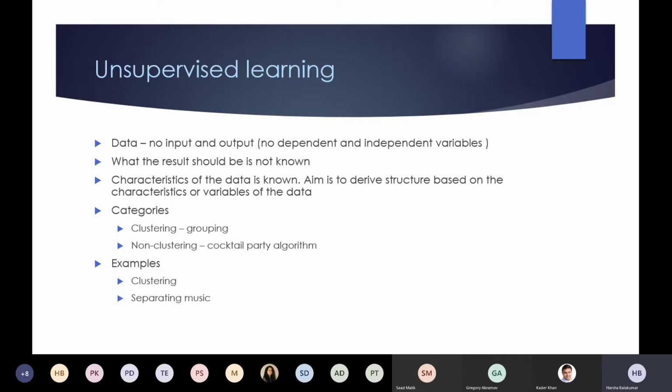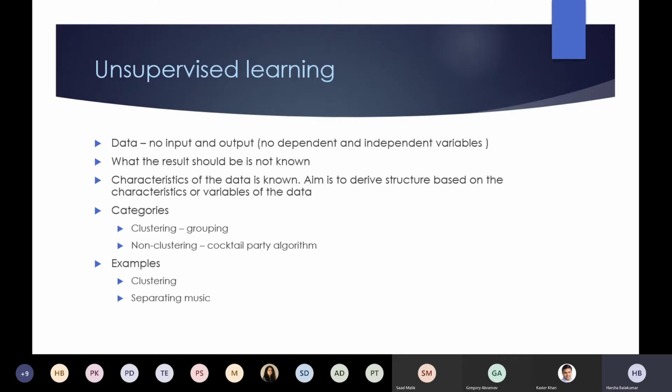It need not be only clustering. It can also be something which you use for demarking something. You try to split something. For example, the cocktail party algorithm. It's a famous example which is given for unsupervised learning. Basically, you have two microphones in a cocktail party, and the microphone picks up all the sounds, including what people are discussing, the music in the party, everything.